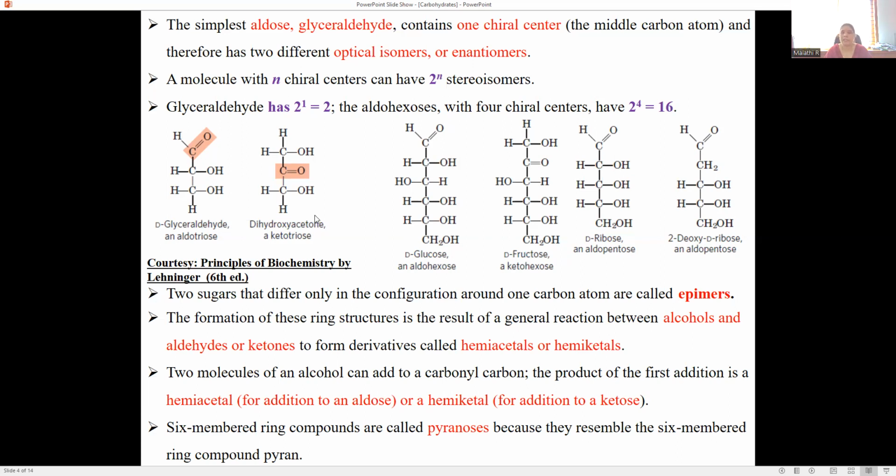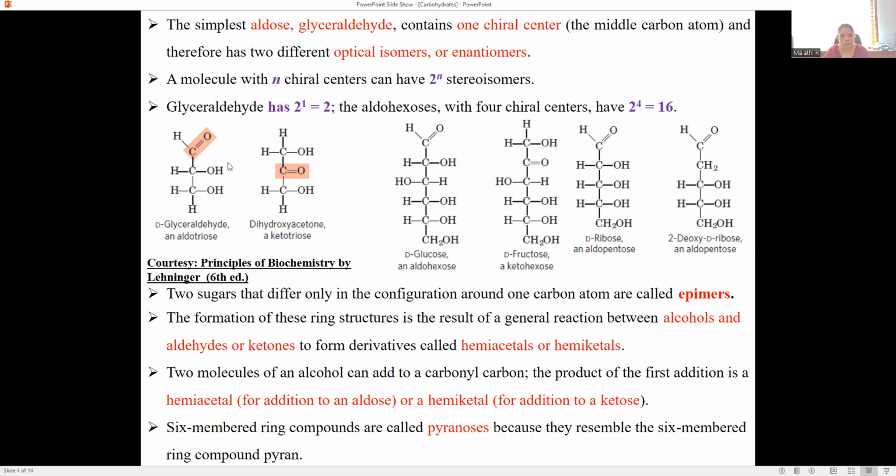Whenever we name a carbohydrate, especially the monosaccharides, you name it based on the number of carbon atoms along with its functional group. The number of carbon atoms tells you which kind it is, like trioses, tetroses, or pentoses, and to that you add the functional group which is present, either aldo or keto.